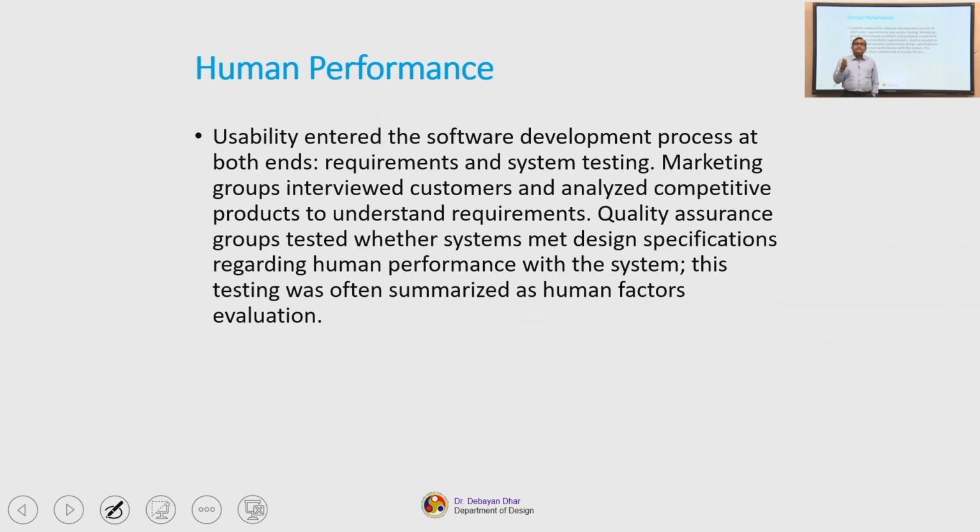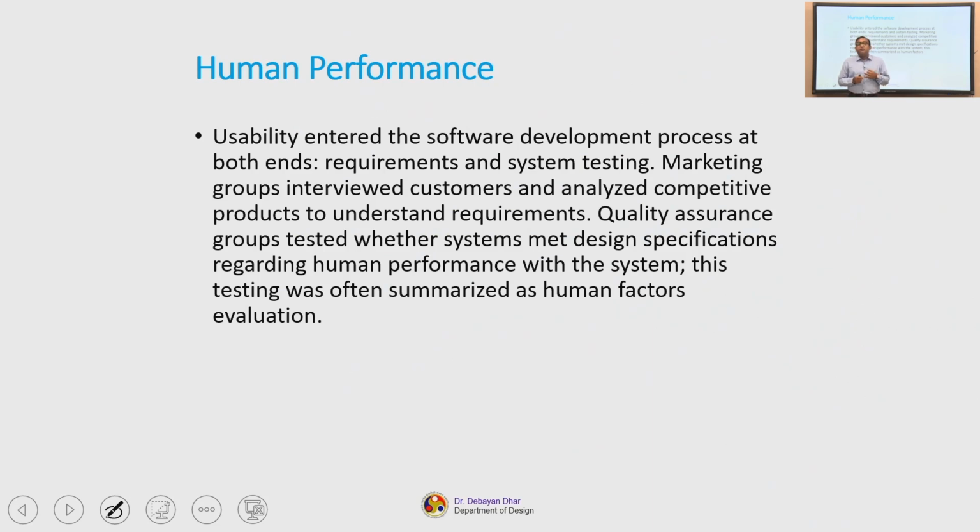Now, when usability entered the software development process, it entered from both the ends. So, it entered from the requirements phase as well as the system testing phase. Marketing groups interviewed customers, they analyzed competitive products to understand requirements. Quality assurance groups tested whether systems met design specifications regarding human performance with the system.